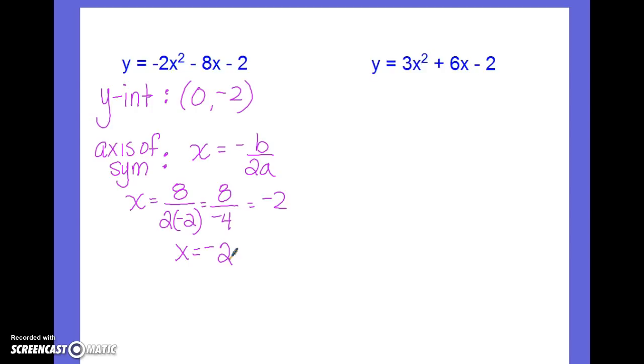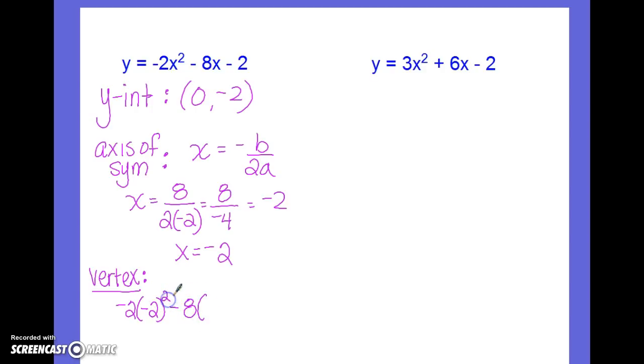And now that I know my axis of symmetry, I can find my vertex. I find my vertex by taking the x-coordinate from my axis of symmetry and plugging it into the function. So I'm going to take my negative 2 and plug it into our function.